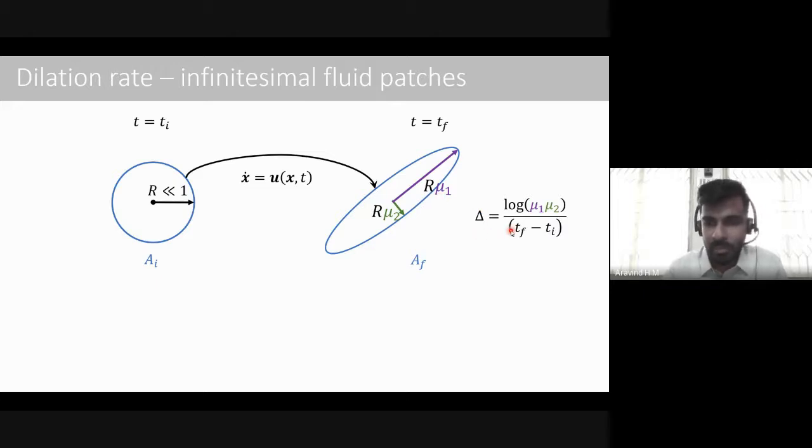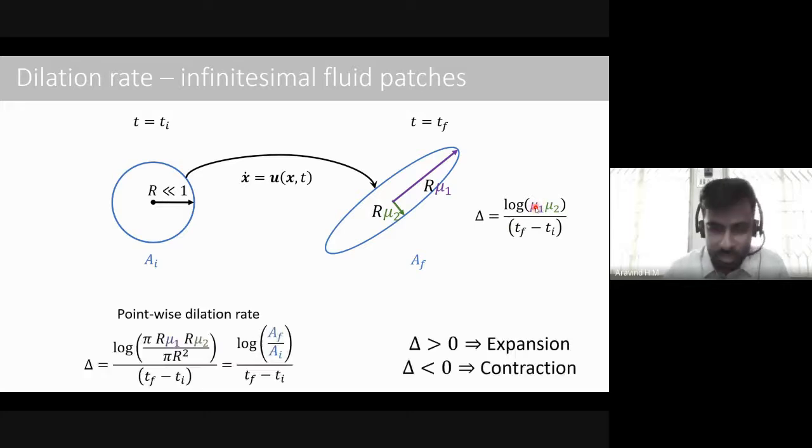Now, if I rearrange this equation in such a way that I multiply the numerator and denominator by pi r squared, you essentially see that this numerator ends up being the area of the infinitesimal ellipse, and the denominator is just the initial area of the circular patch. So if I consider this definition of the dilation rate, note that now I'm doing a forward in time calculation. So positive dilation rate would correspond to expansion and negative would correspond to contraction.